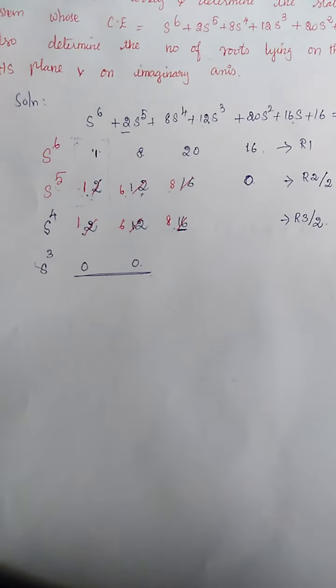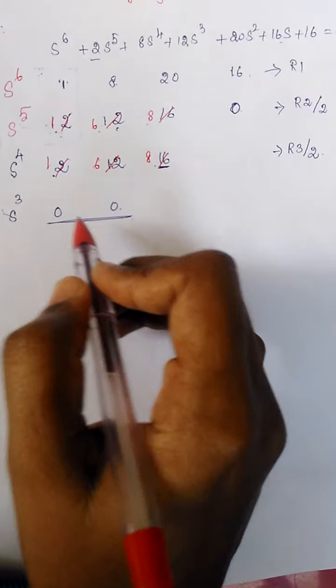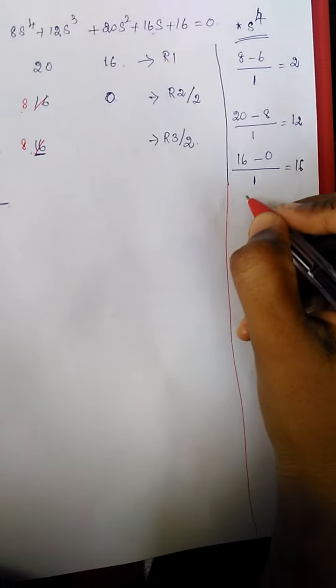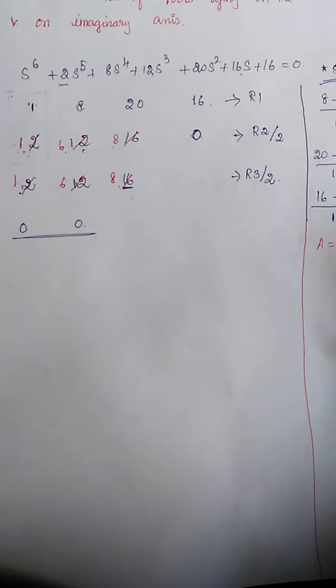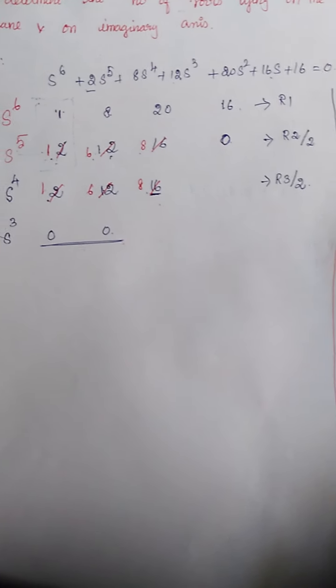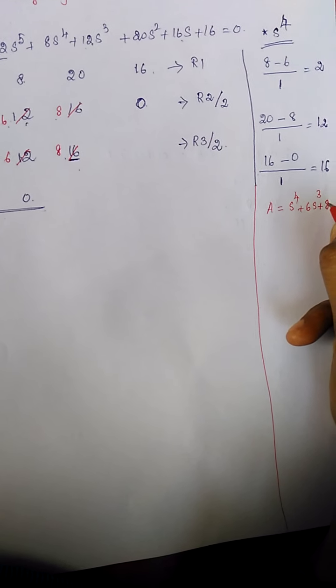Then how do we find the remaining terms? You have to take the auxiliary equation. Consider A as your auxiliary equation: s power 4 plus 6 s squared plus 8.